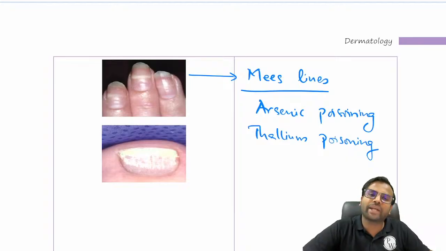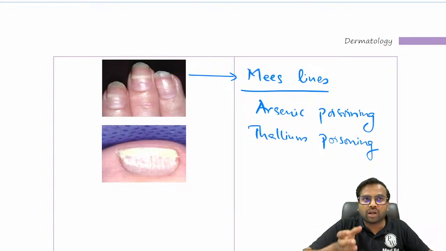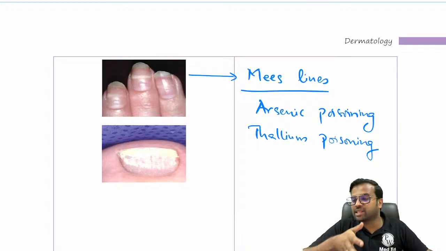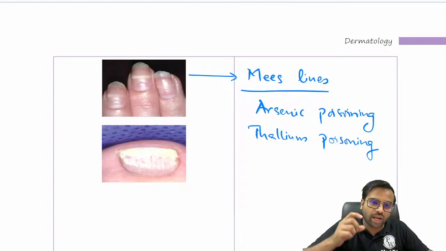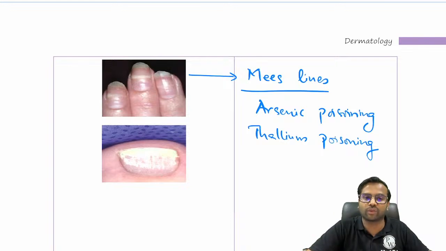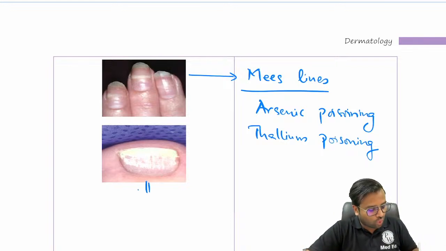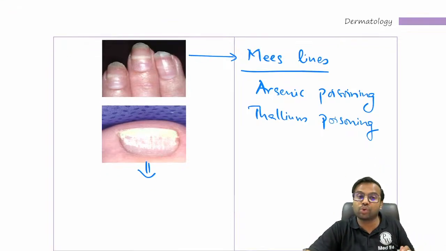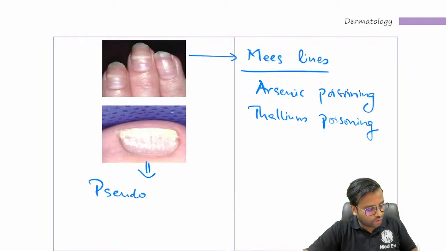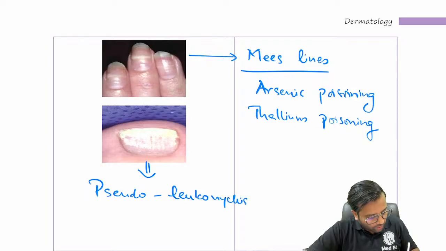The next image is also an example of leukonychia. Why do I say this is leukonychia? Because here also you can see that there is a whitish discoloration over the nails. So this one is an example of pseudo leukonychia.